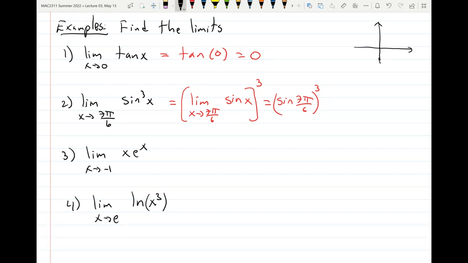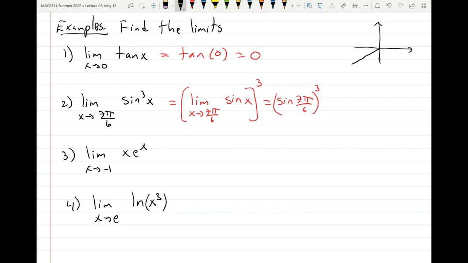So in radians, 30 degrees is pi over 6, 45 degrees is pi over 4, and 60 degrees is pi over 3. Okay? So you need to know the sine of pi over 6. And why am I mentioning pi over 6? Well, because 7 pi over 6 is actually over here, right? It's in quadrant 3.